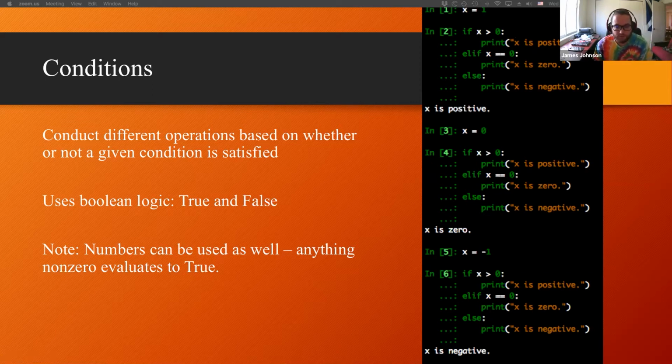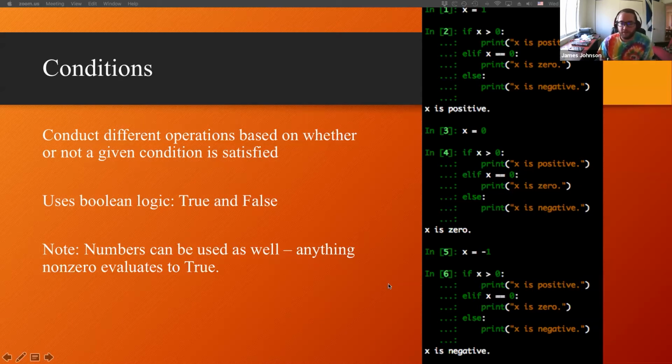However, it's worth considering readability. If you're specifically comparing numbers, sometimes it's worth using this construction. It's also quite readable, and if you come back to it in like a month, you can very easily know what's going on. So I have x equals 1, it prints x is positive, and this is very intuitive. I just switch the value, rerun it, it prints 0, and then same at the bottom.